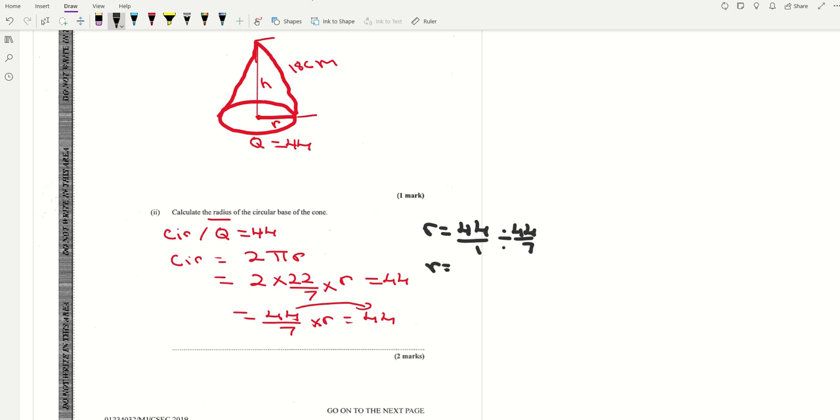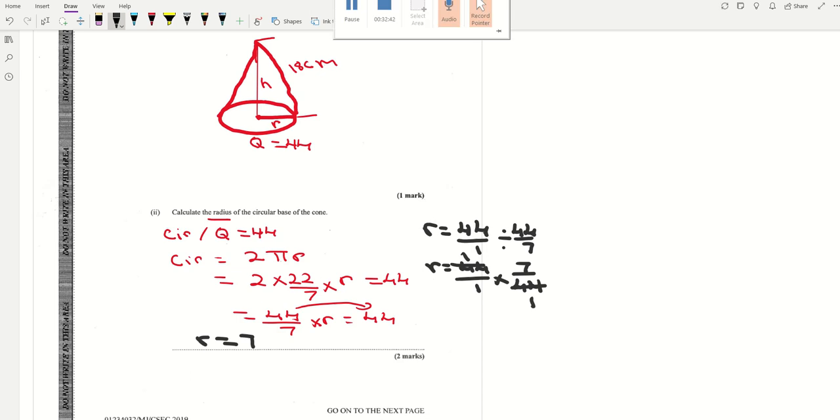So my radius is equal to 44 over 1 multiplied by 7 over 44. Remember, when you're dividing fractions, you simply turn the division sign to multiplication and flip the fraction after the division sign. 44 into 44 is 1, 44 into 44 is 1. So my radius is equal to 7, and that would be the answer for this question.